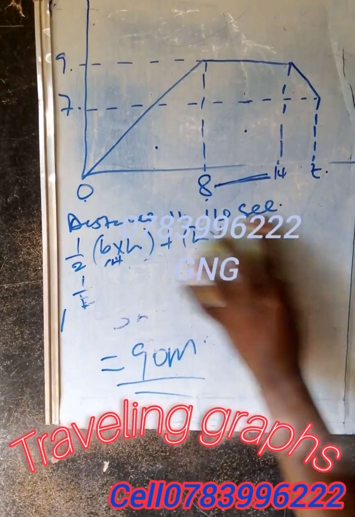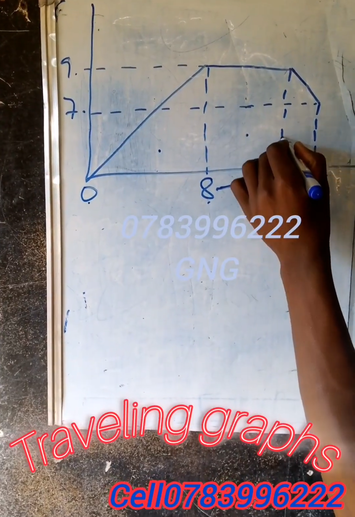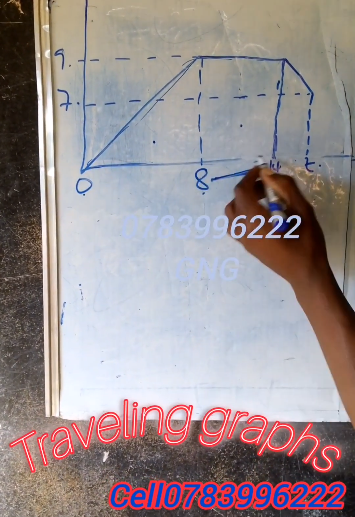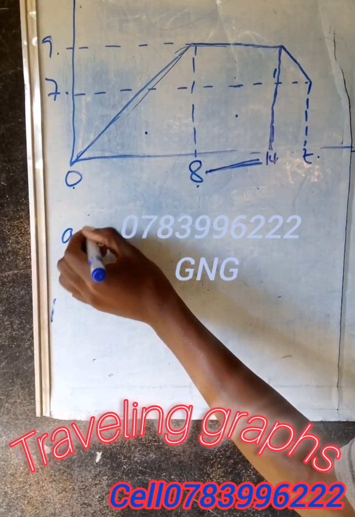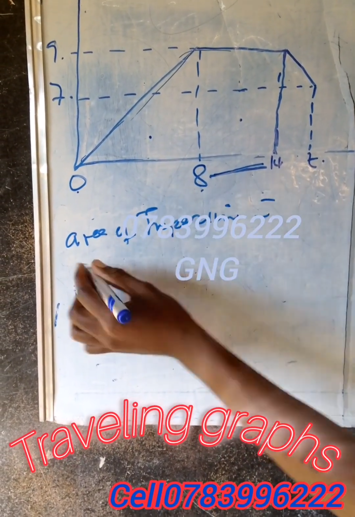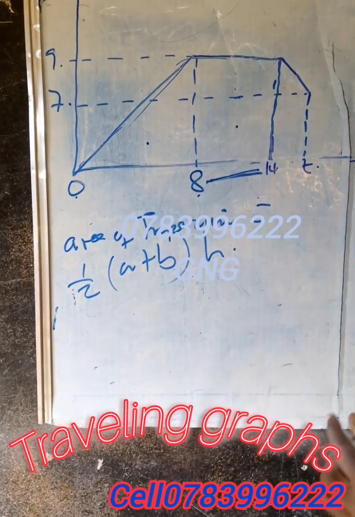Or I may use the area of a trapezium because this looks like a trapezium. So area of a trapezium is equal to half (a plus b) times h.